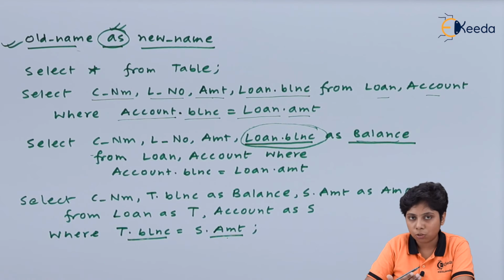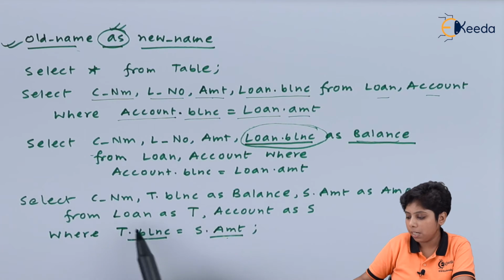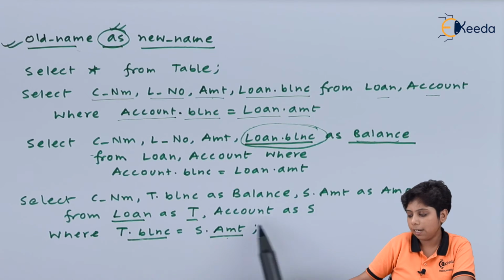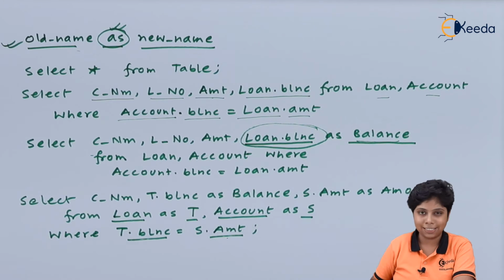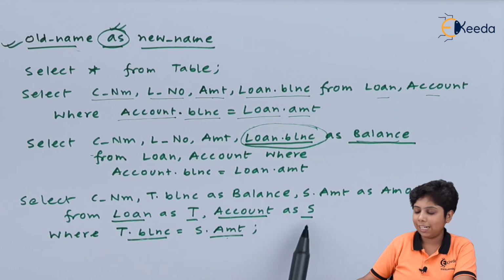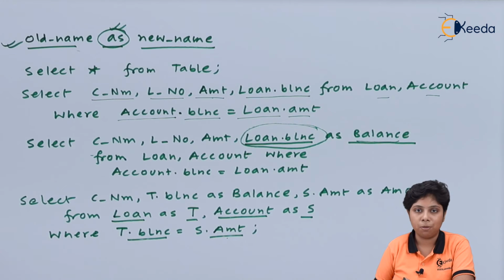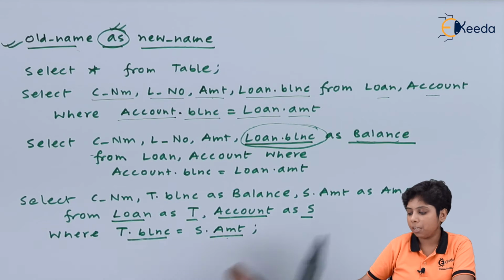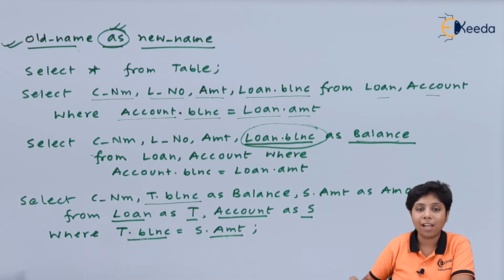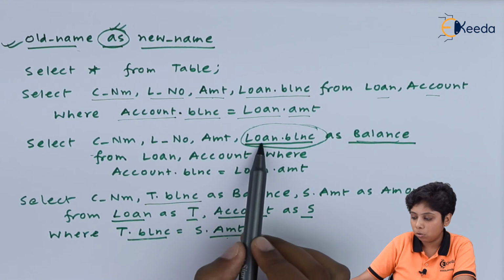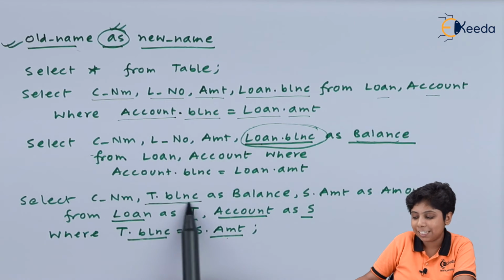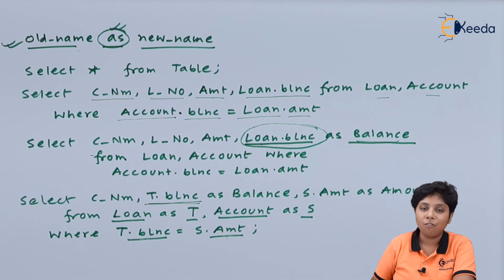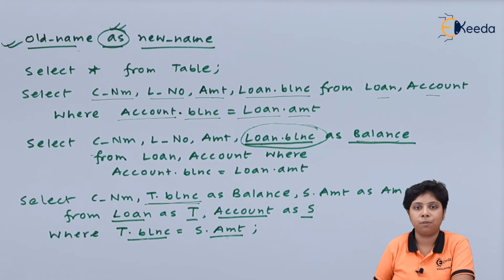To define those records, we are renaming loan as T and the relation account as S. Now T and S become tuple variables. This tuple variable can be used even while renaming an attribute. See here, instead of using loan.blnc, we are using t.blnc, where we have already made it a tuple.